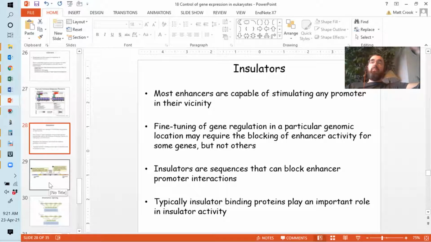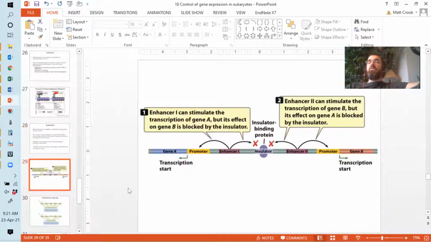And you want to make sure that those enhancer proteins, however they bind, don't accidentally activate transcription of another gene, right? Because again, they can be bidirectional, they can be in any orientation. And so those proteins bind to that insulator, and typically what they do is they prevent the bending of DNA, right?